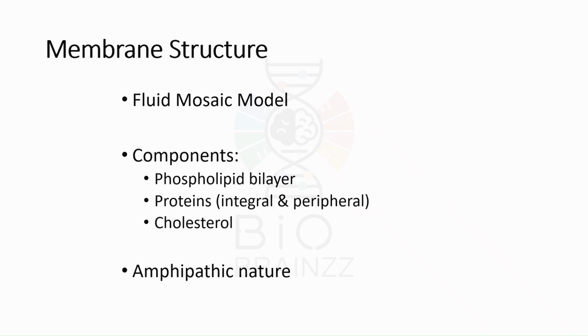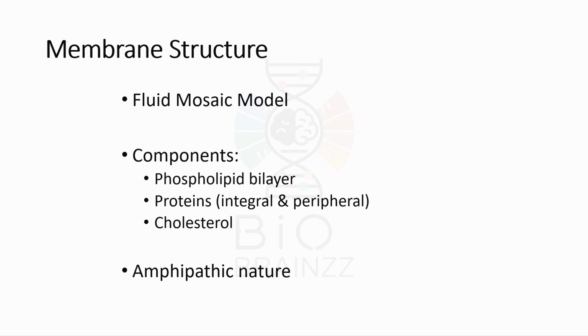this area. Membrane structure. As shown in this slide, the membrane follows the fluid mosaic model. This means the membrane is fluid in nature and contains a mosaic of different components like lipids and proteins.